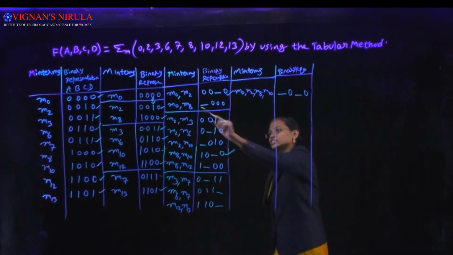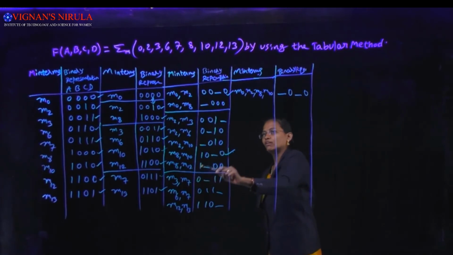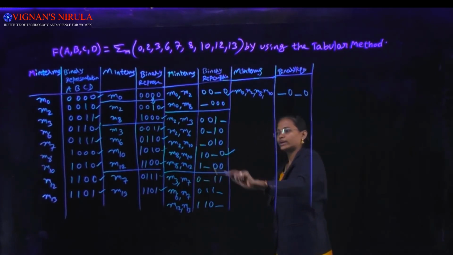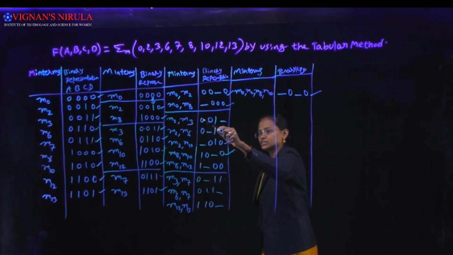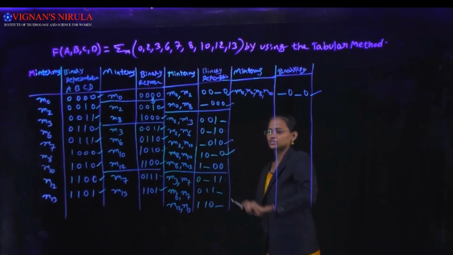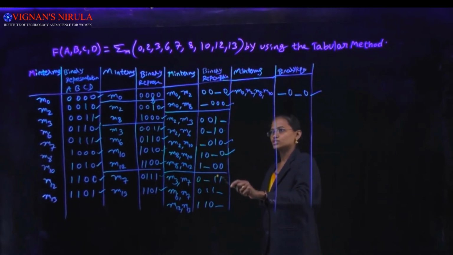And next 0 2 8 12, 0 1 0 dash, two differences. 6 7 12 13, 2 3, 0 0 0 dash, there is no comparing.